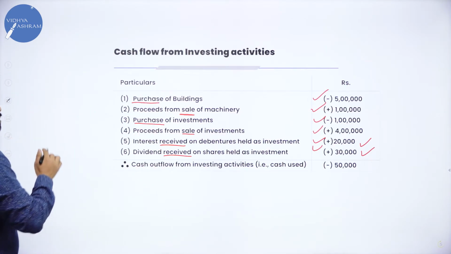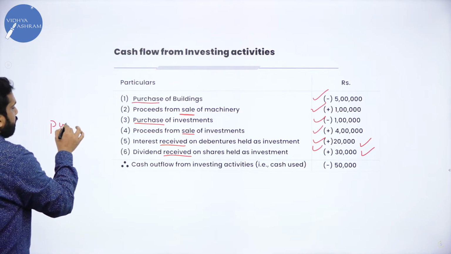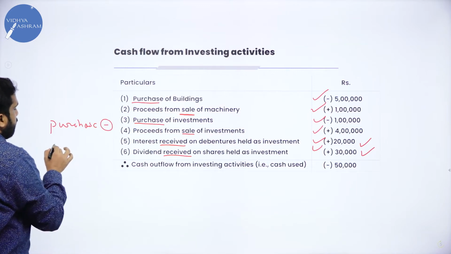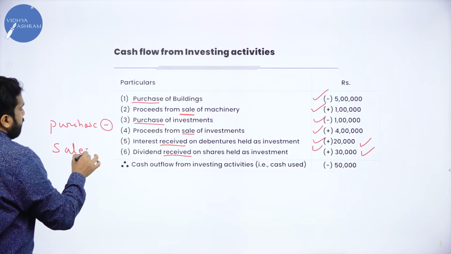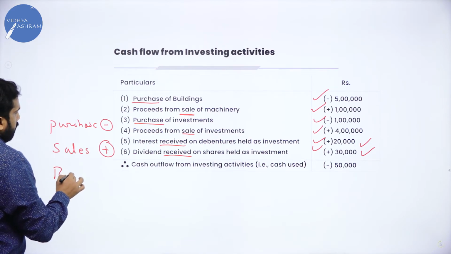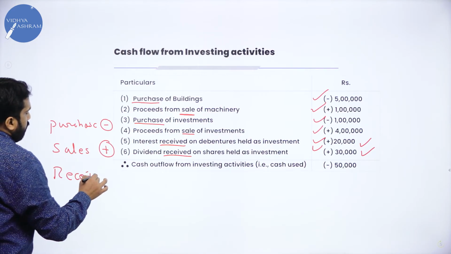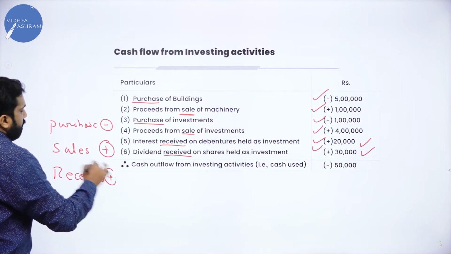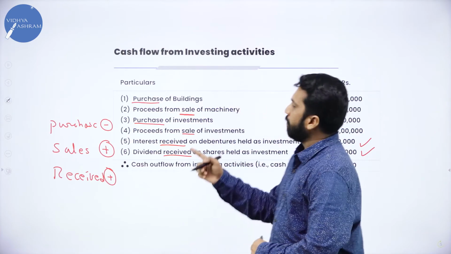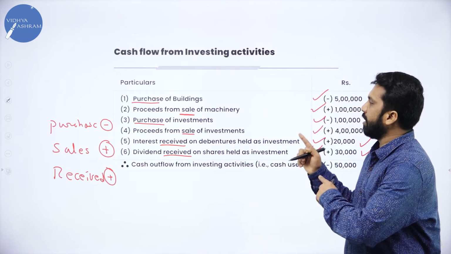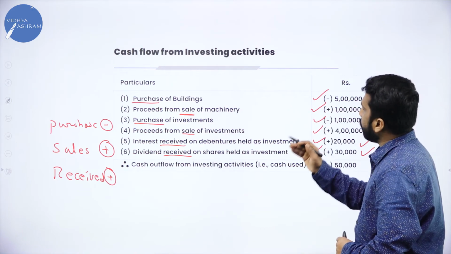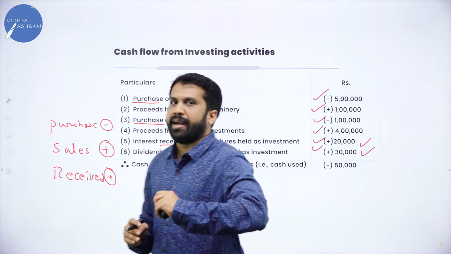The logic is very simple: purchase minus, sales add, received add. You have to remember these three logics: purchase, sales, receipt. Then you will get 6 marks easily. Clear? This is all about your investing activity.